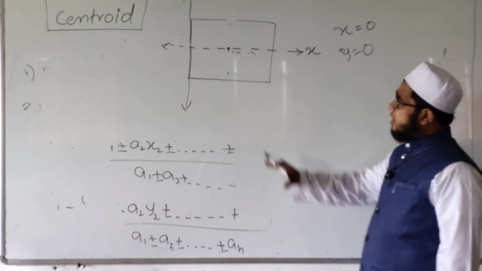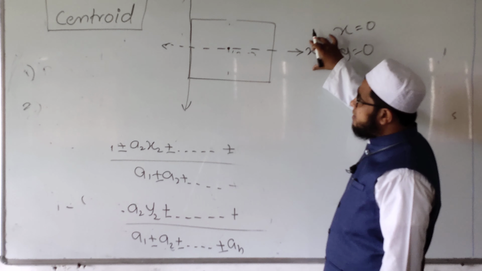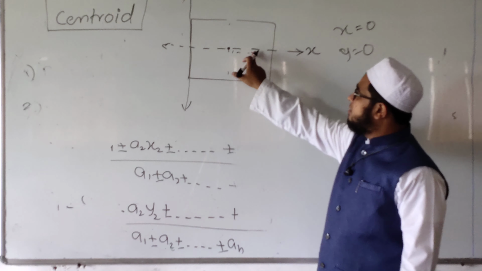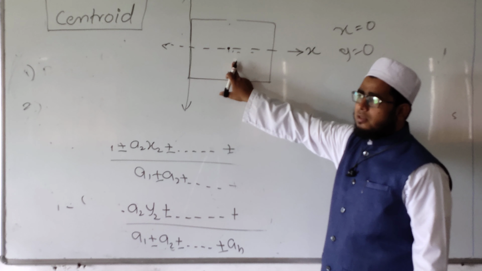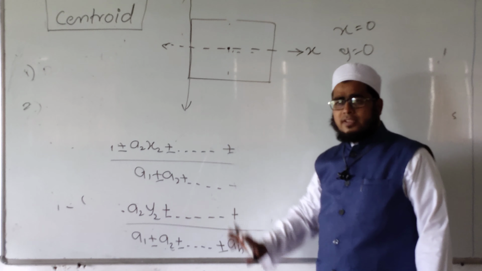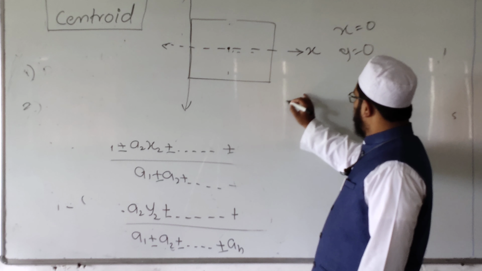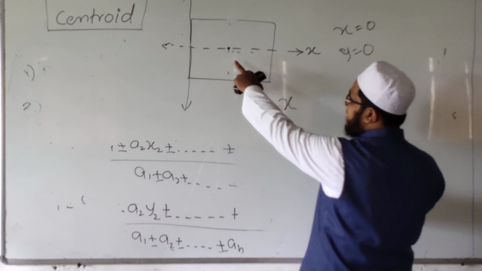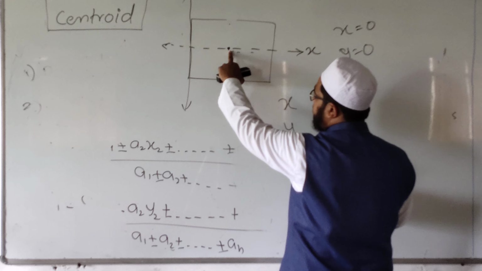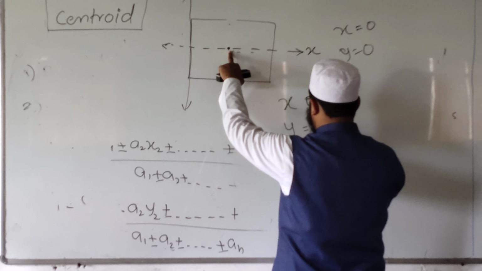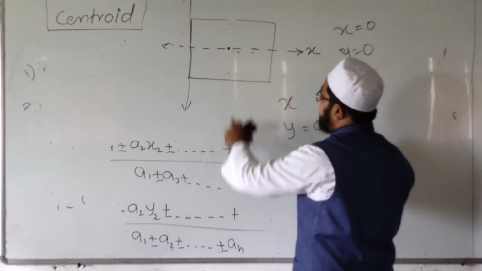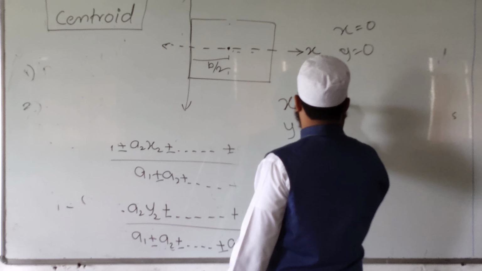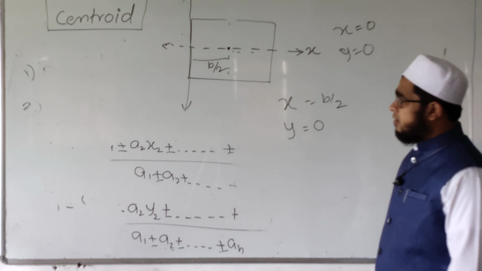In this case, only the x axis is dividing the figure into two equal parts, and the y axis is at the edge of the rectangle. In this case, the y coordinate will be 0, and x is the distance to this point; if it is b by 2, the coordinate will be b by 2.